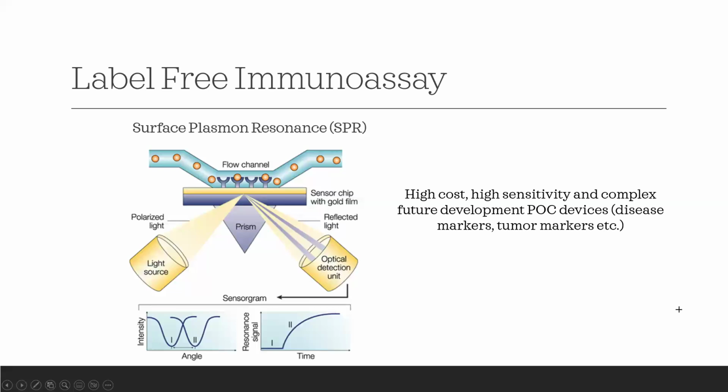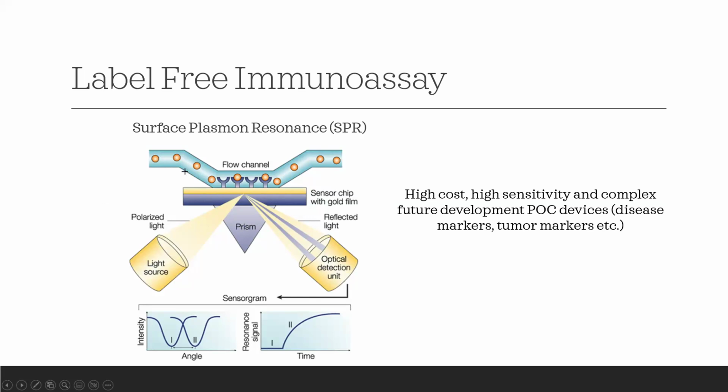Most of the label-free immunoassays are mainly used in research labs, not that much in our lab practice. This one is called surface plasmon resonance. Its key component is still the antibody-antigen reaction.